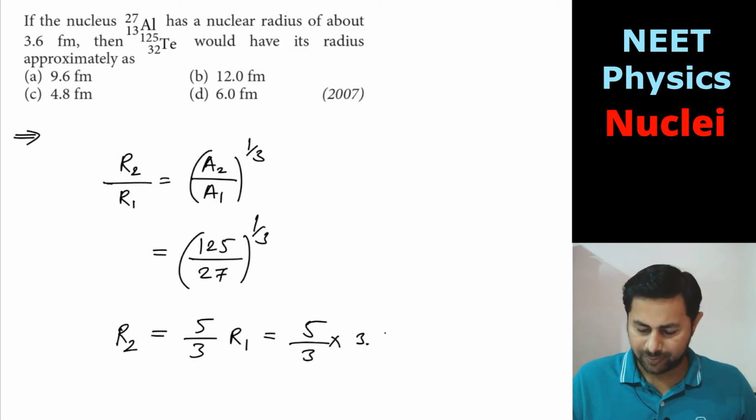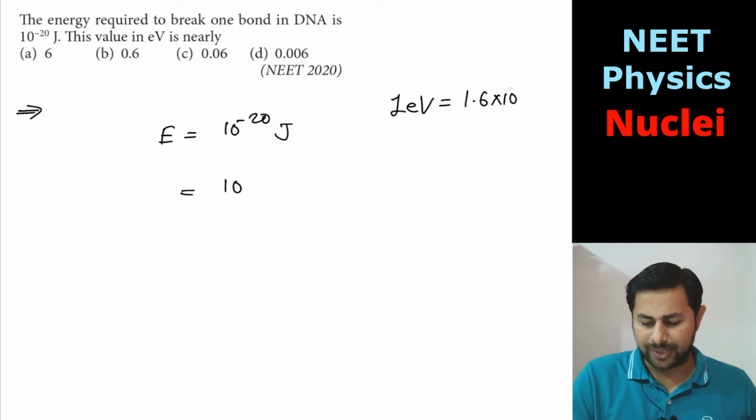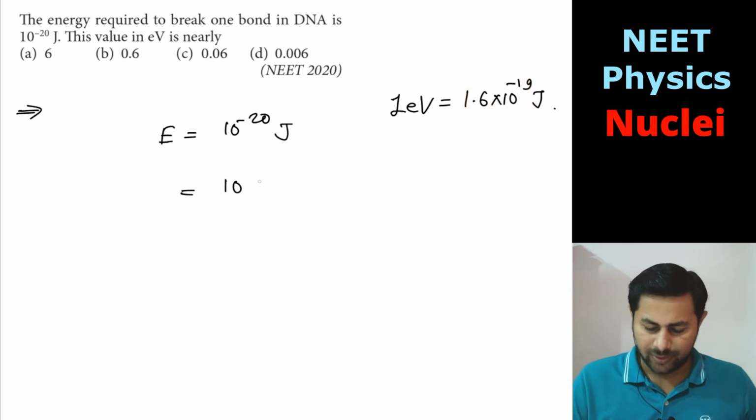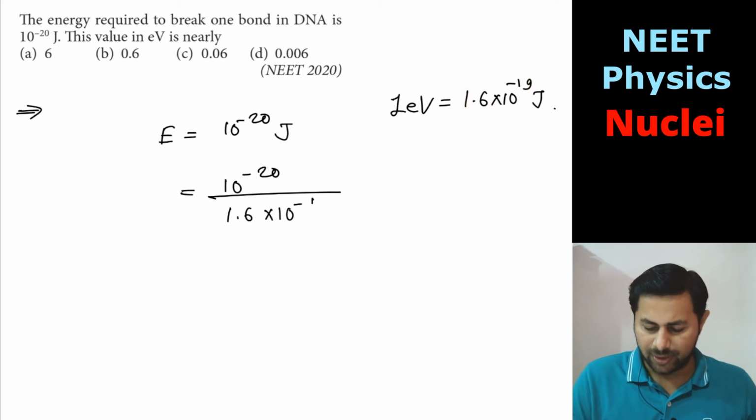We know that 1 electron volt is equal to 1.6 into 10 raised to minus 19 joules. So what would be 1 joule? Just take this to the other side. So you have 10 raised to minus 20 divided by 1.6 into 10 raised to minus 19.